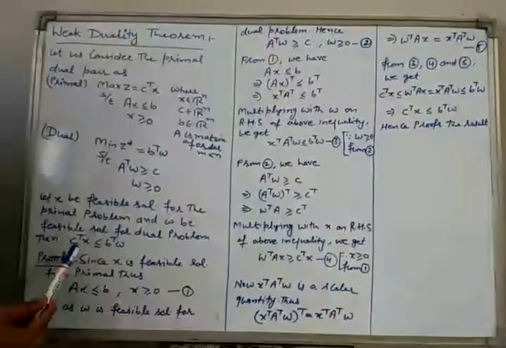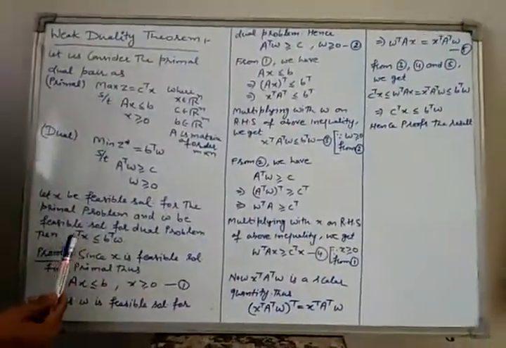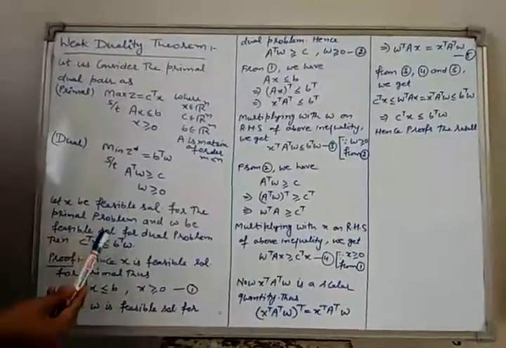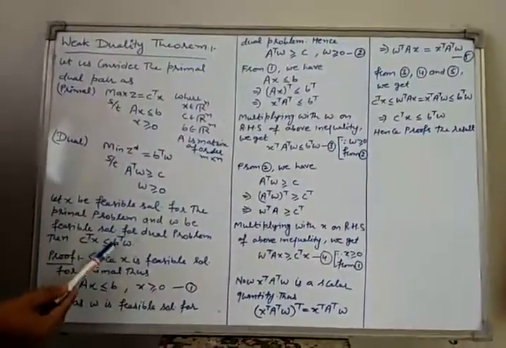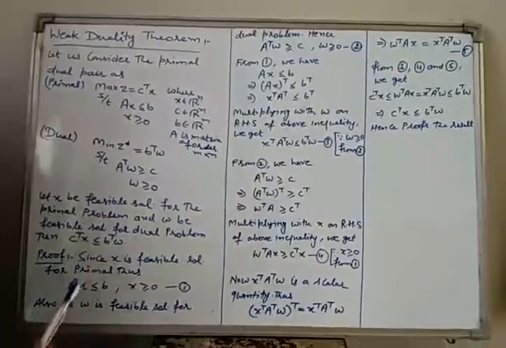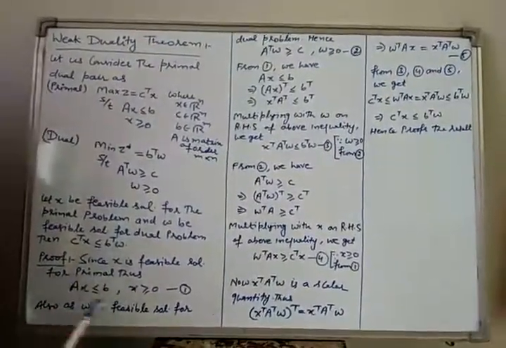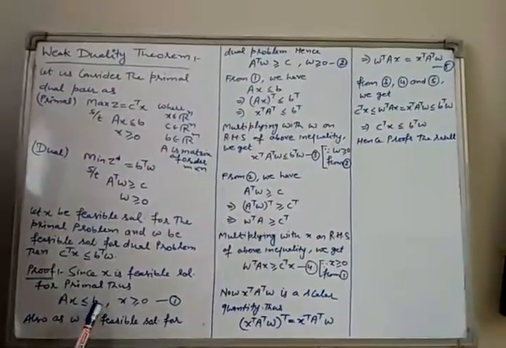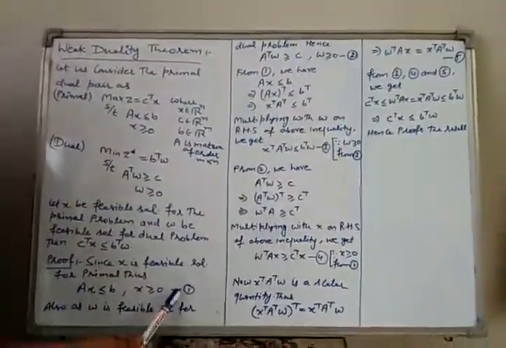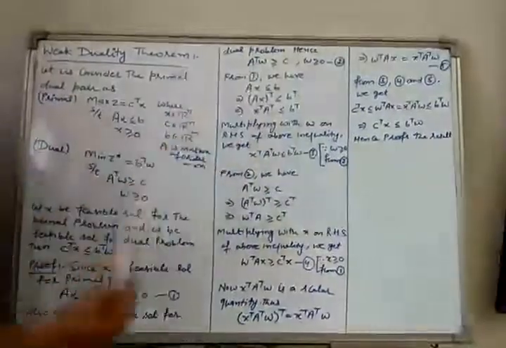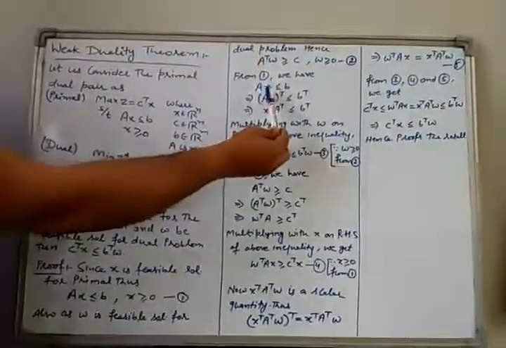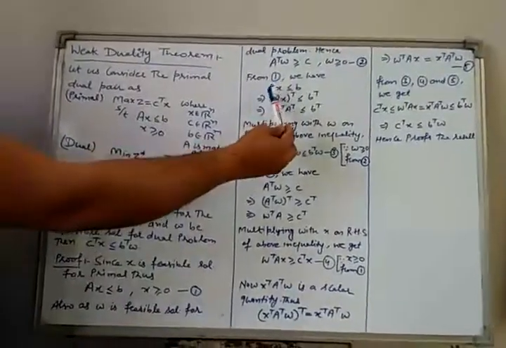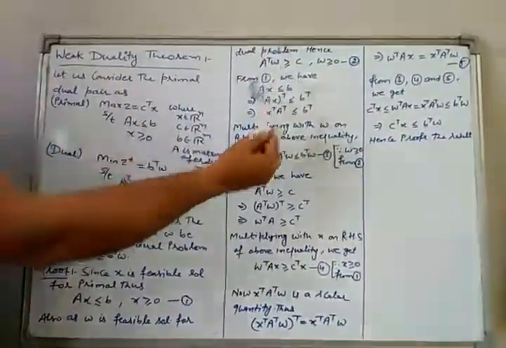Now look at the objective. Our objective is to prove C transpose X is less than or equal to B transpose W. Here we want B transpose. Where is B in our picture? B is here: Ax less than or equal to B. Therefore, we start from equation number 1, where we get Ax less than or equal to B. Now we want transpose on B, therefore I apply transpose on both sides.